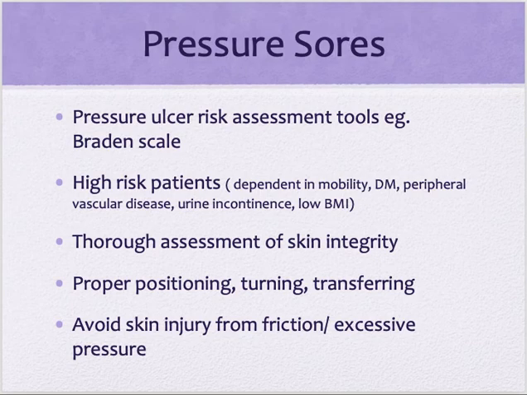So of course, high risk patients are those who are completely immobile, who have diabetes mellitus, who have peripheral vascular disease, who have low BMI. So in stroke patients, not just stroke patients, any patient who is bedridden, they keep on examining their skin time by time so that any skin changes can be recognized and can be managed early.